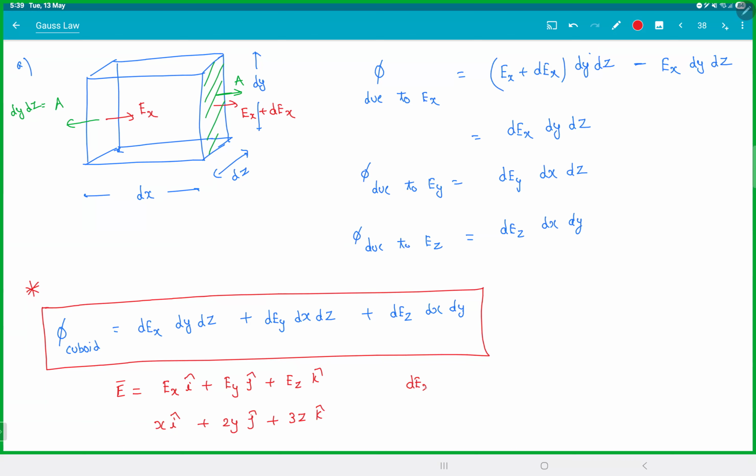So dEx will be dx, dEy will be 2 dy, dEz will be 3 dz. Is that making sense, everyone? You're just differentiating Ex, which is x, its differential is dx, 2y's differential is 2 dy, and z's differential is 3 times dz.